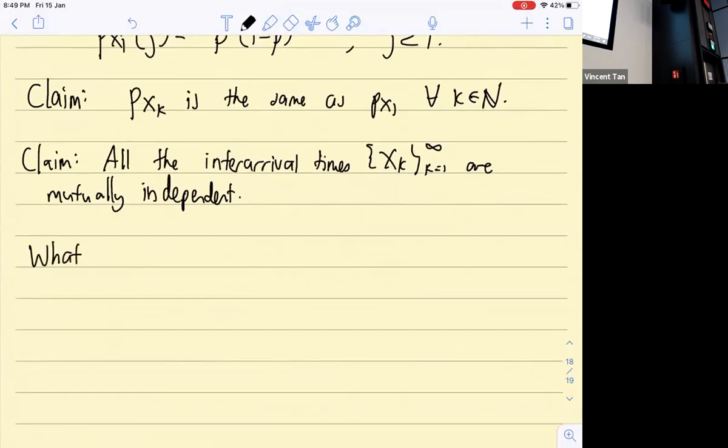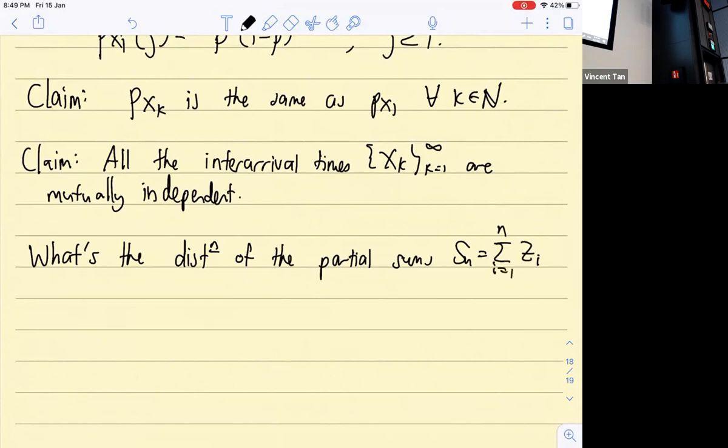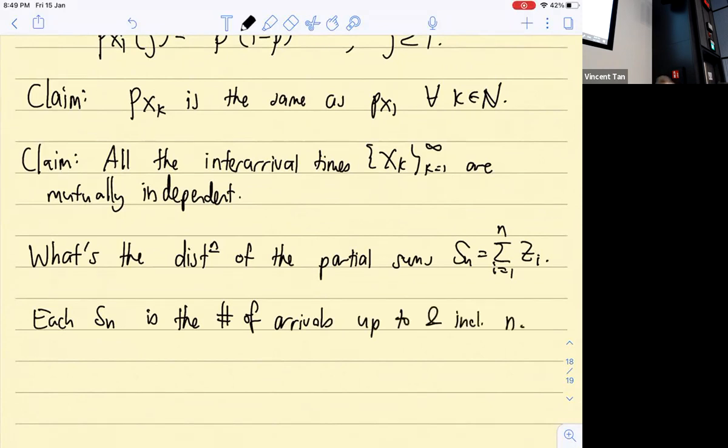Another question is, what's the distribution of the partial sums, which is S_n, the sum of Z_i up to n? Each S_n represents the number of arrivals to your shop up to and including time n.